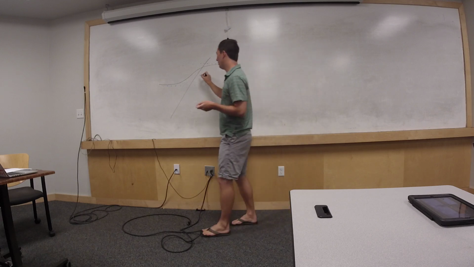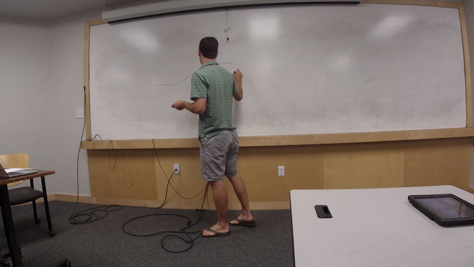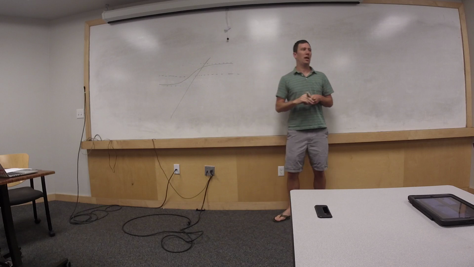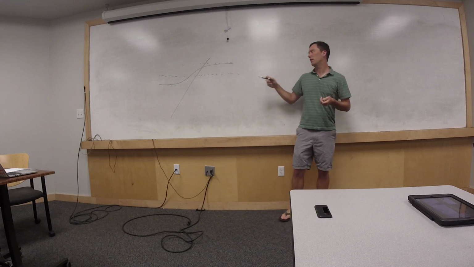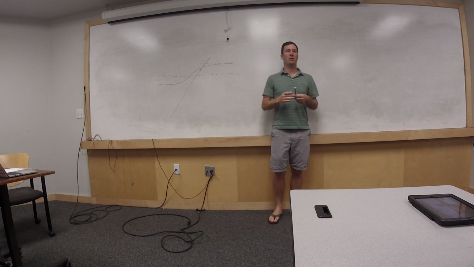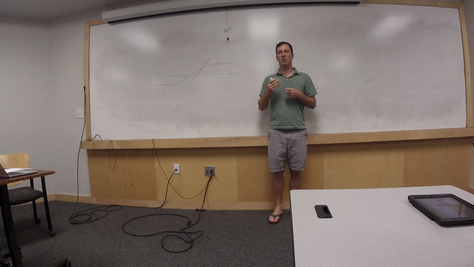I just pick a threshold, maybe right here. Right? I plug my x into this line equation, I get a point on this line, and I just see, is it above the threshold or not? Which is the exact same thing I do with logistic regression, right?